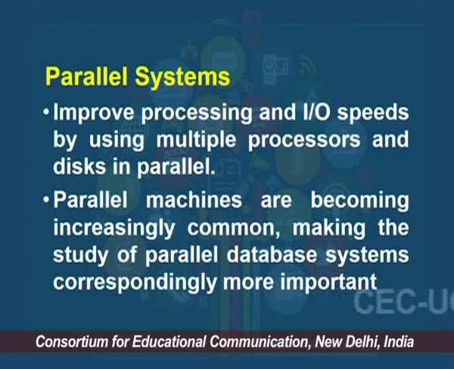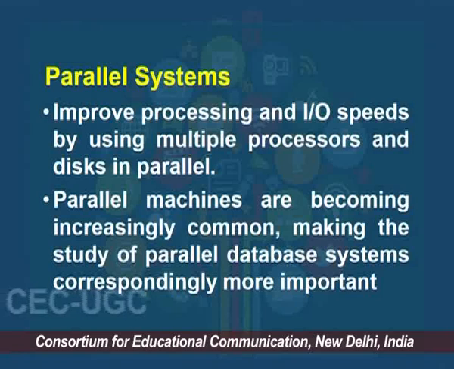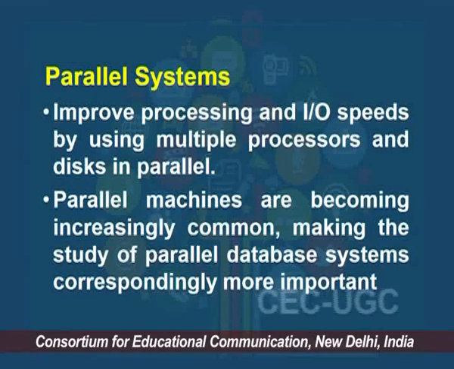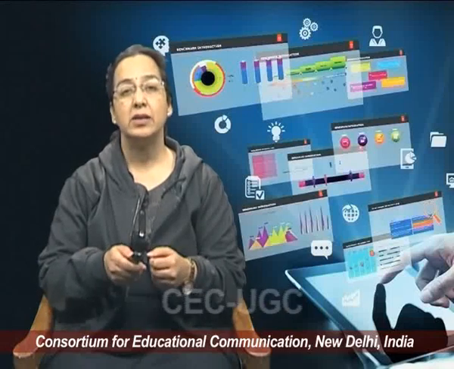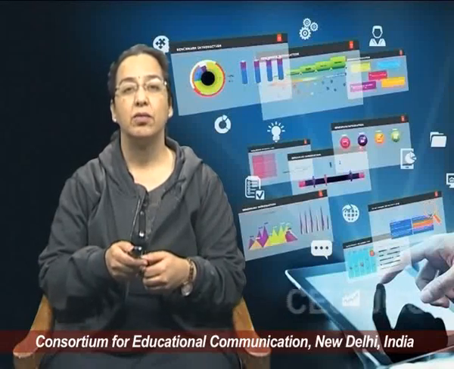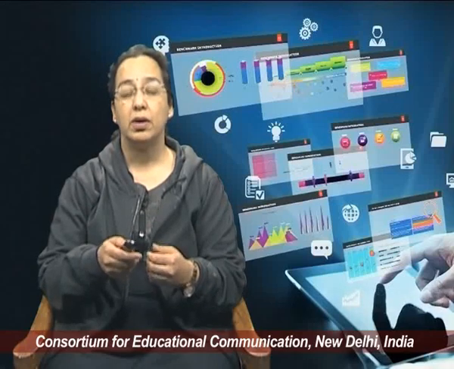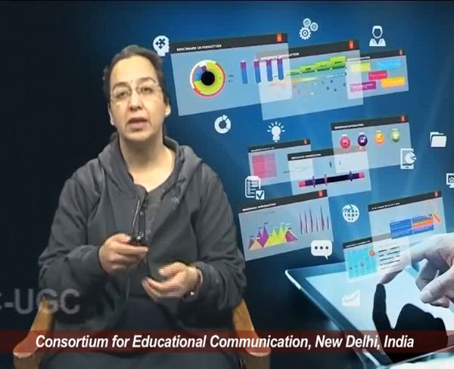Parallel machines are nowadays becoming more common because the study of parallel database systems is getting more and more importance in research. Also, hardware is getting cheaper day by day, so parallel systems are becoming more popular.